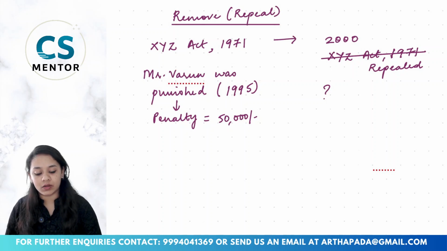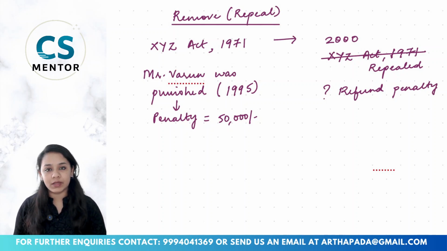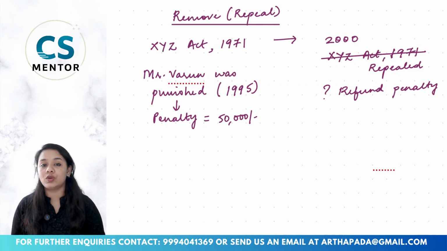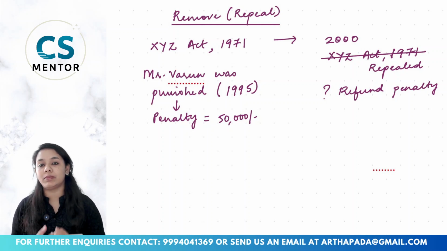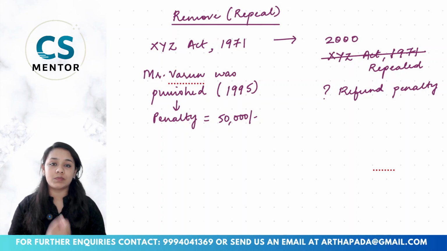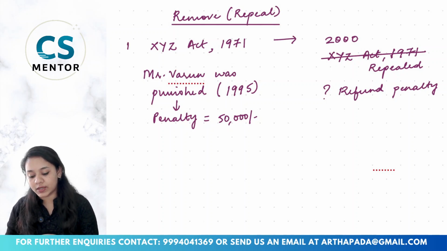Should the government refund the penalty? Obviously, the answer is no. Any penalty already paid is done, it's gone. You can't go up to the government and say, see, now the law no longer exists, so give me back my money, or give me compensation for any punishments that I received before. Okay, this is one example.